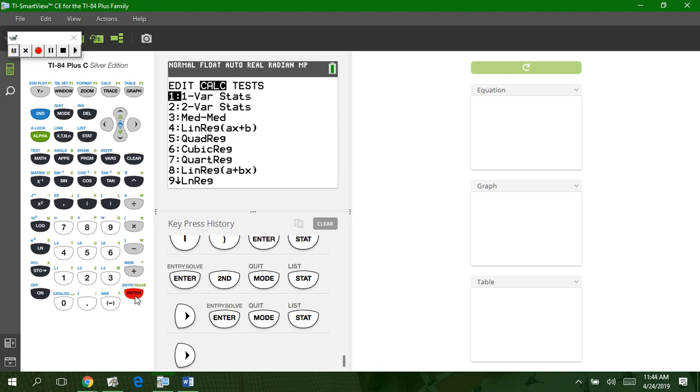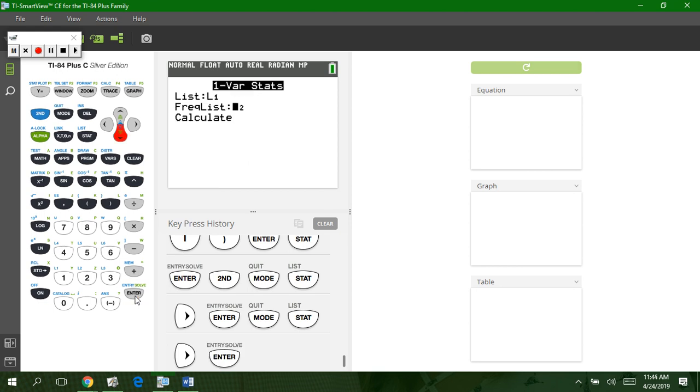Now, frequency list. This is not a frequency list. We could do it as a frequency list, and I'll show you how that would work. But I'm going to hit clear on that one because I don't have a frequency list this time. I just put all my info in. But sometimes a frequency list might be easier. Like GPAs of this school, maybe they have the list of the GPAs, and they say this is a 2.99, 2.88, but then 20 kids have a 2.99.